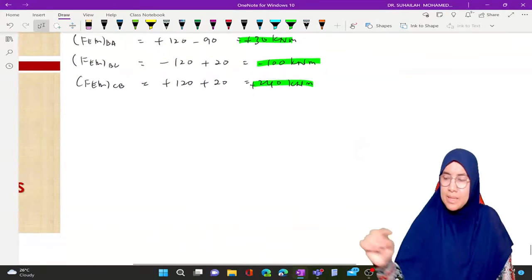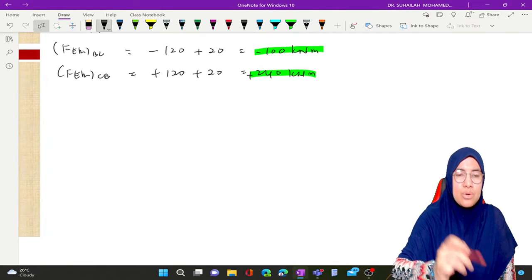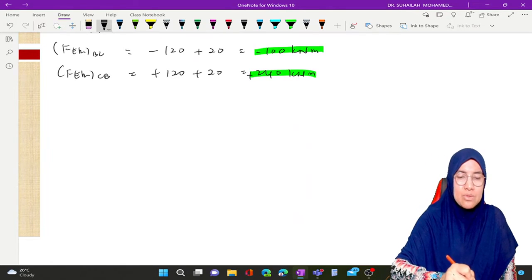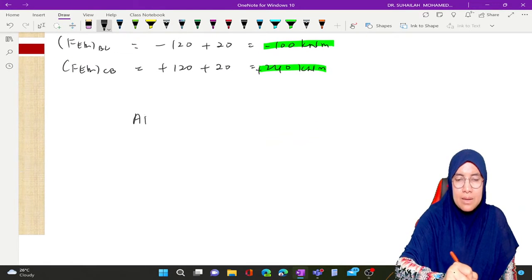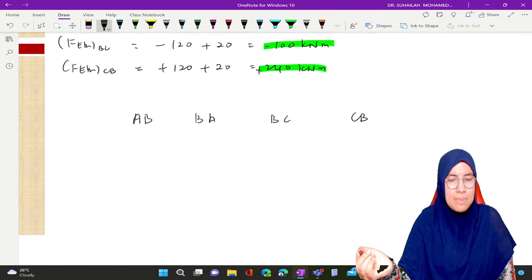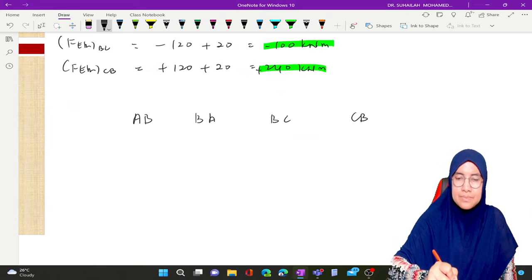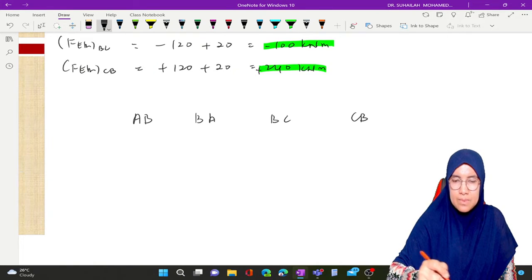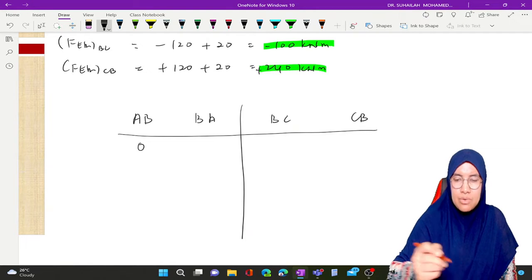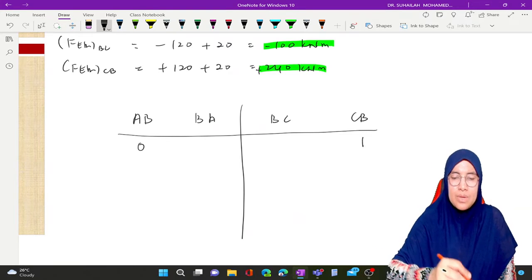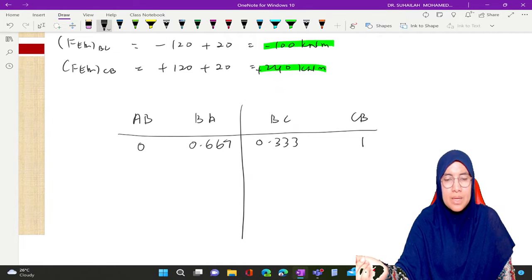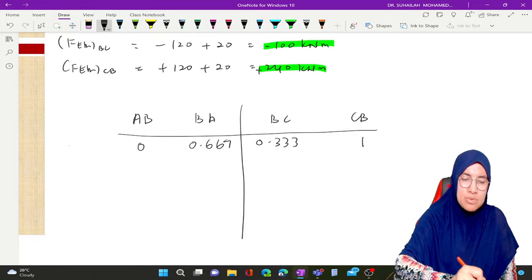So we have 2 members, with A, B, B, A, B, C, C, B. We get 0 here, we get 1, and we get 0.667 and 0.333. This is the distribution factor.